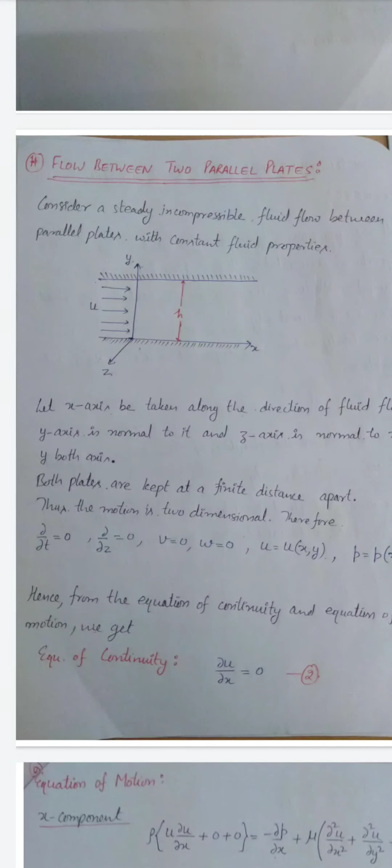And since, students, you know, ∂u/∂t is 0, v is 0, w is 0, and therefore we get from here ∂²/∂z² is 0.